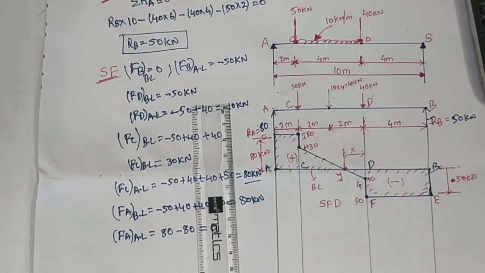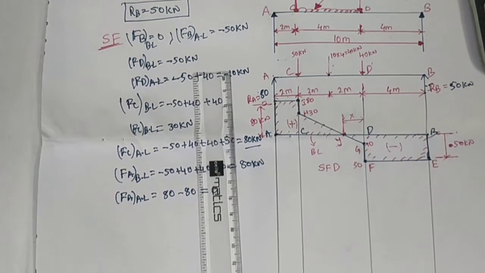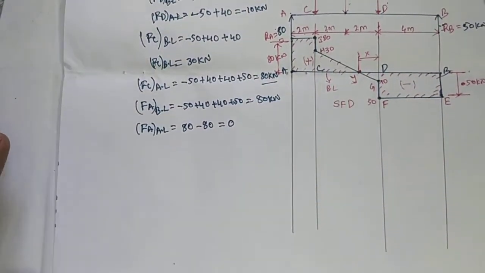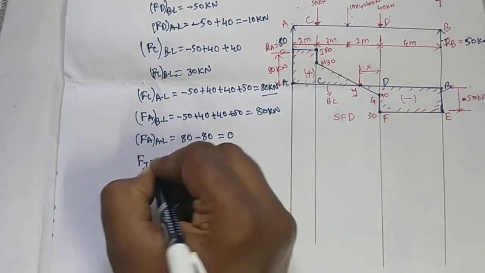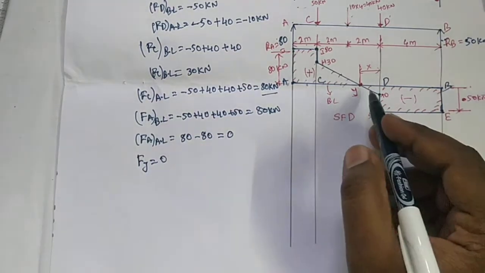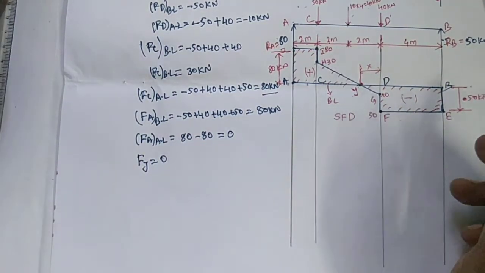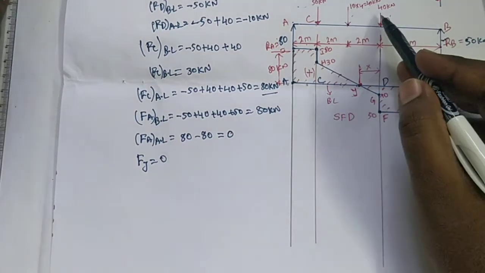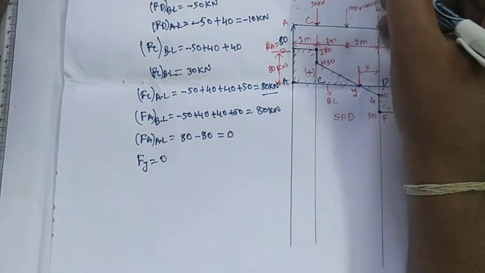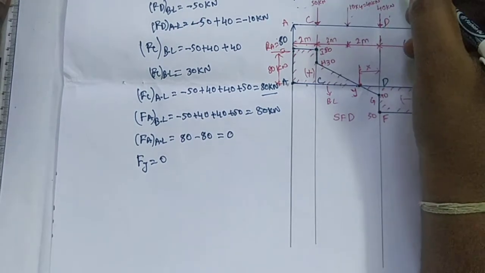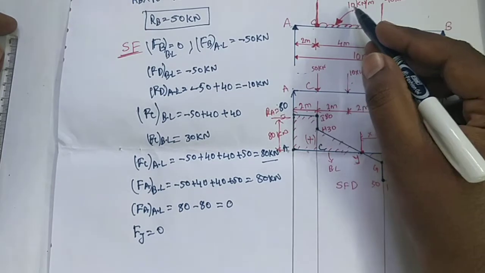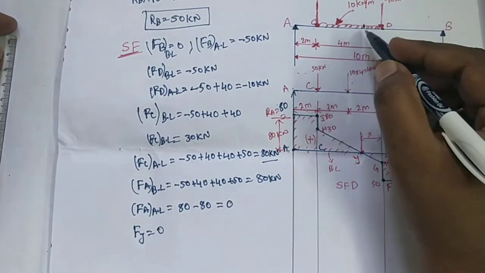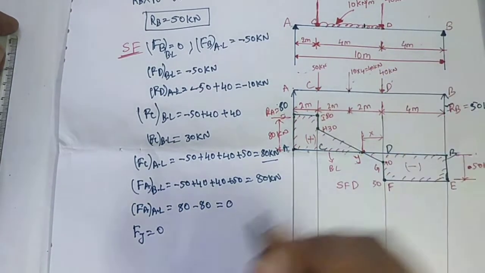Next we need to calculate where the shear force is 0. For that, shear force at point Y is equal to 0. At point Y, the right side of Y has one reaction force and one point load, and from D to this point, approximately, there is a UDL load of 10 kilonewtons per meter acting on distance x.